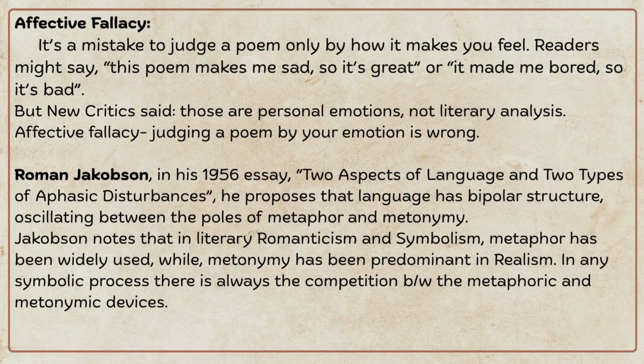Jakobson notes that in literary romanticism and symbolism, metaphor has been widely used while metonymy has been predominant in realism. In any symbolic process, there is always the competition between the metaphoric and metonymic devices. So this is the concept of metaphor and metonymy by Roman Jakobson.